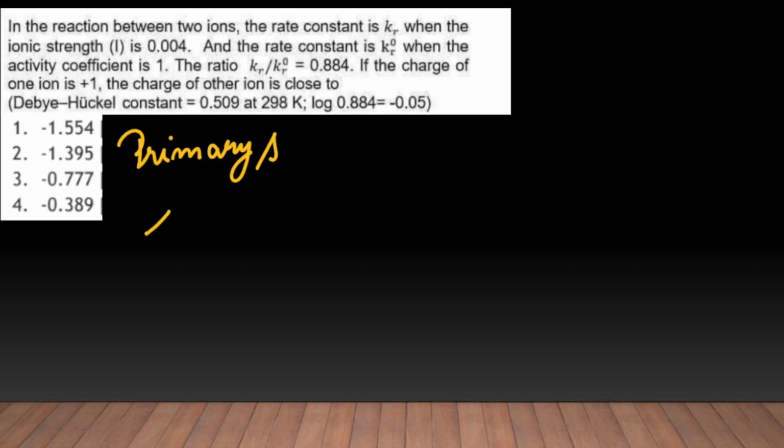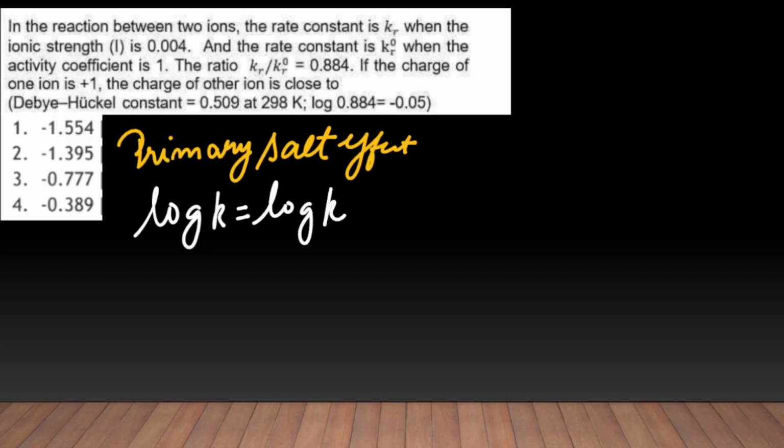According to this, log K equals log K naught plus 2A times ZA into ZB, where ZA and ZB are the charges on the ionic species, into the root of the ionic strength.